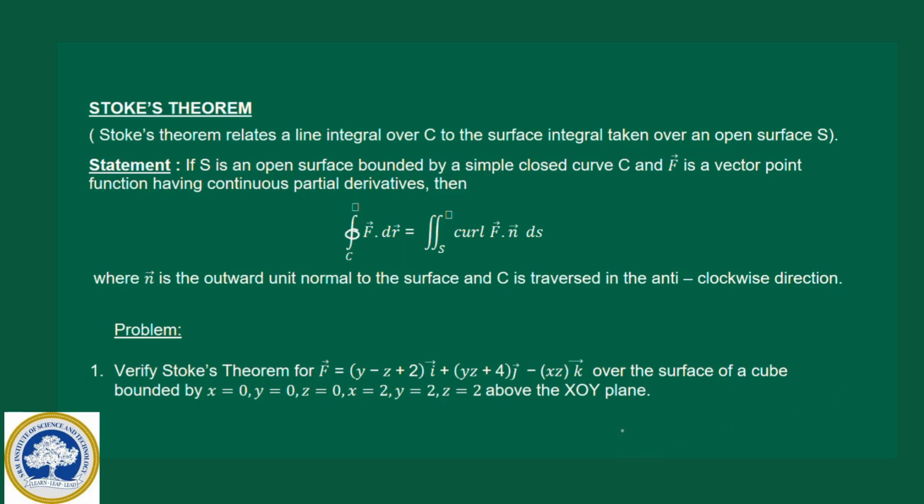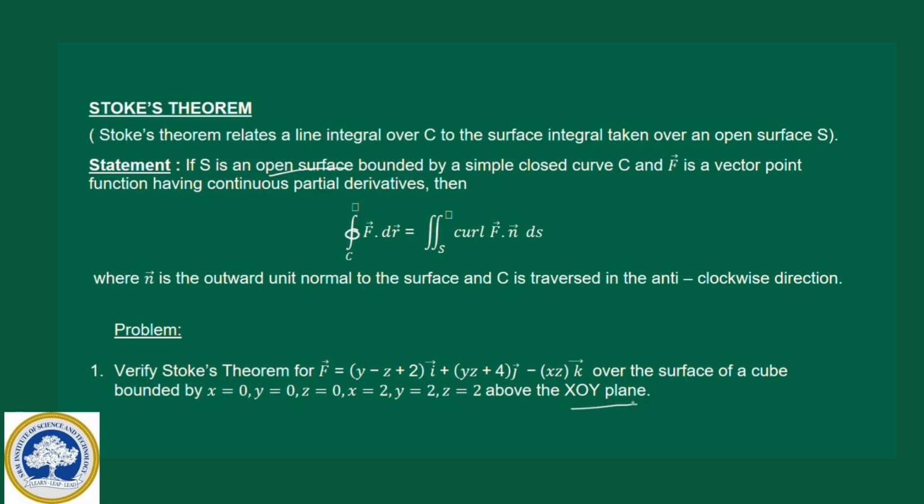What do you mean by above the xy plane here? A cube is like a square box, right? So if you consider a square box, how many surfaces will be there? There will be 6 surfaces. Since here we are dealing with Stokes theorem, it is nothing but an open surface. S is an open surface, so here we are considering the cube above the xy plane. That was mentioned because we are verifying Stokes theorem.